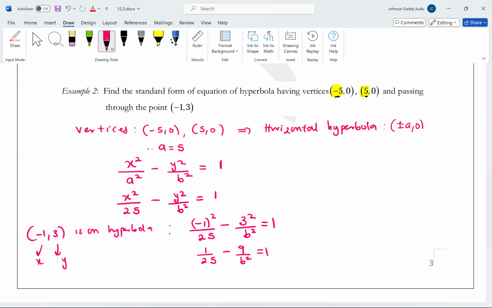And then we try to solve this for b, right? So how can we do this? This will just be 1 over 25, minus 25 over 25, it's equals to 9 over b squared. So what would this be?